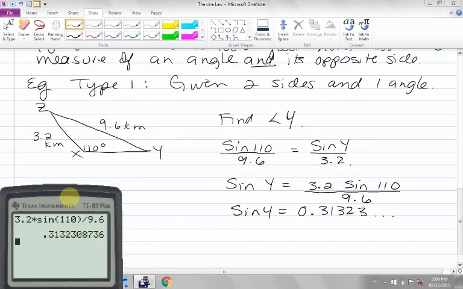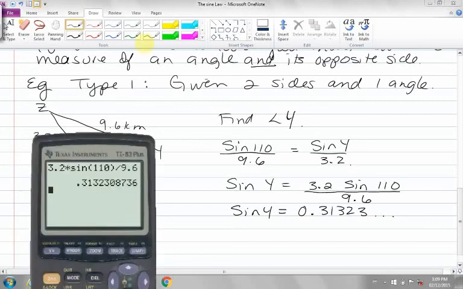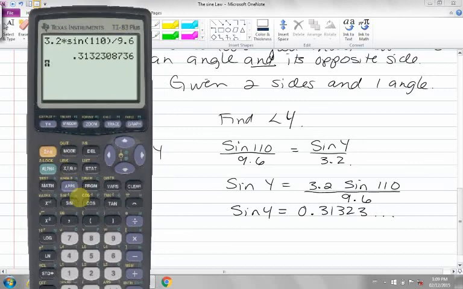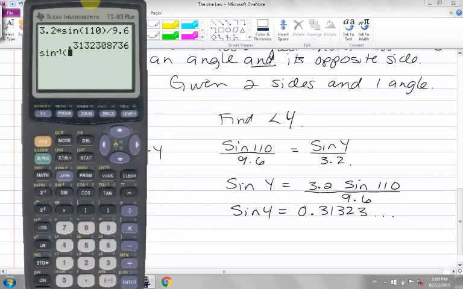Well, that was fun. All right, so because we left that whole value in our calculator, we're going to go second sine. To get your answer, you go second and then the sine key, and then press enter. So angle y is sine to the negative 1 of 0.31.